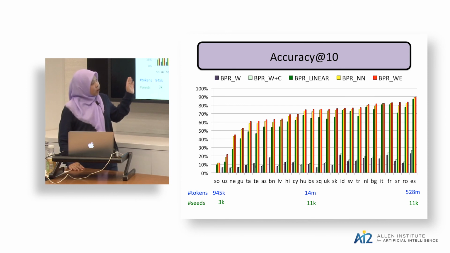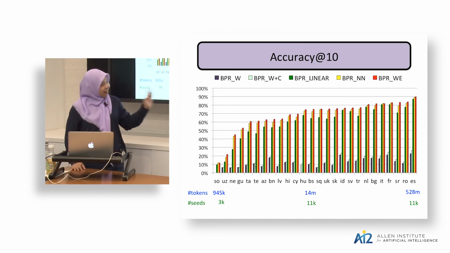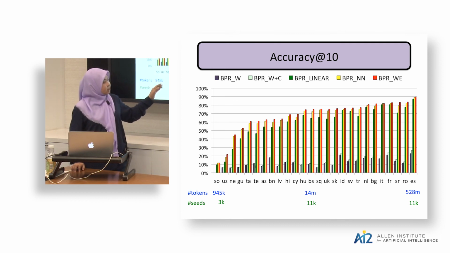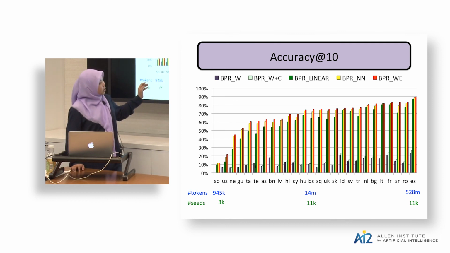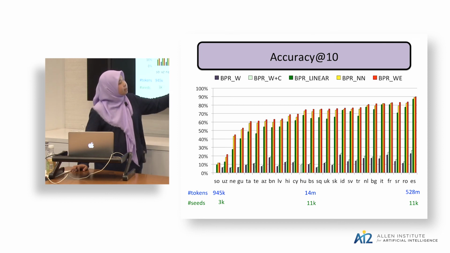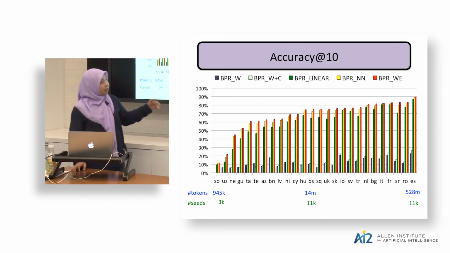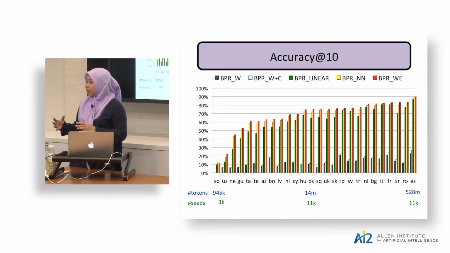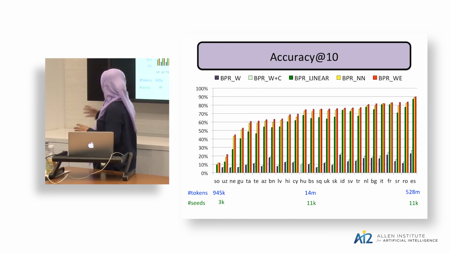And we also ran it on 26 languages from high resource to lower resource. And we see that combining information always helps. And we also see that the performance depends very much on how much monolingual corpora we have for training the word embedding.